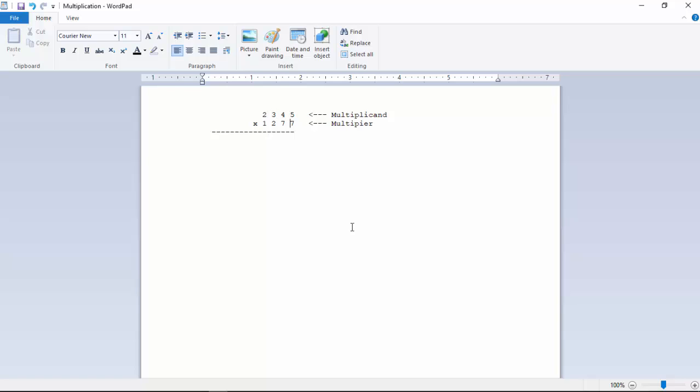Okay, so we do 5 multiplied by 7, which is 35, and then we have a carryover of 3. Then 4 multiplied by 7 is 28, plus 3 is 31, and that means the carryover is 3 again.